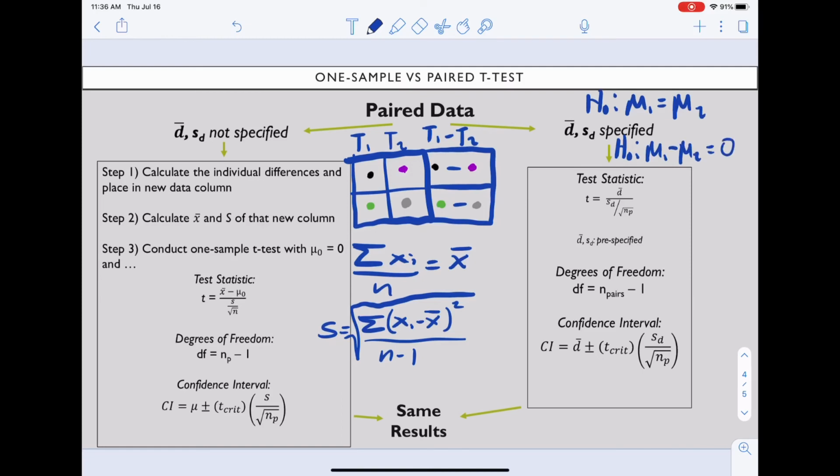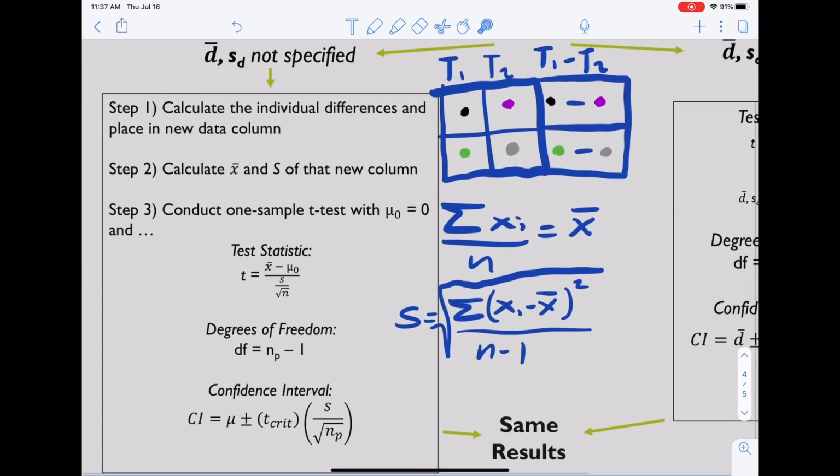Effectively, we're just moving this over here, doing a little bit of algebra, and we find that our null hypothesis can also be written as this, where when you subtract the two, there is no difference. The difference equals 0. Why don't we just take that value and chuck it on over here as our mu naught? So we know that this whole column here represents the differences.